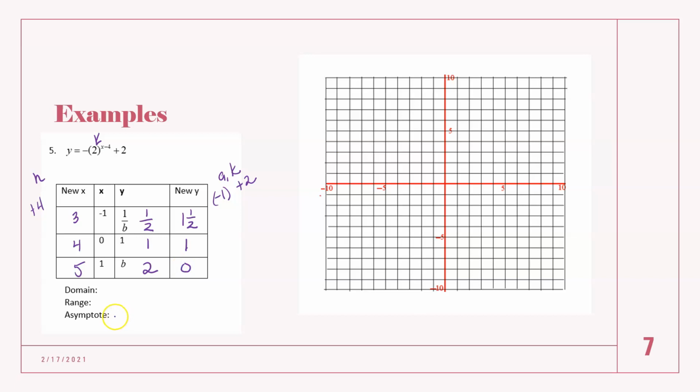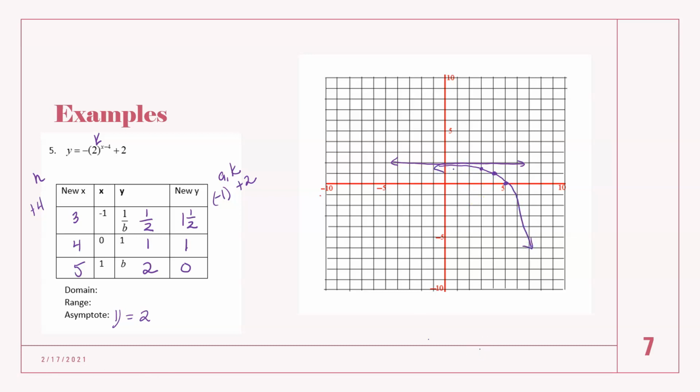Again, I have an asymptote here, and it's the K, so y equals 2. So there it is right there. There's your boundary. Let's plot. So I have 1, 2, 3, and 1/2, which is right here. 4, 1, 5, 0.